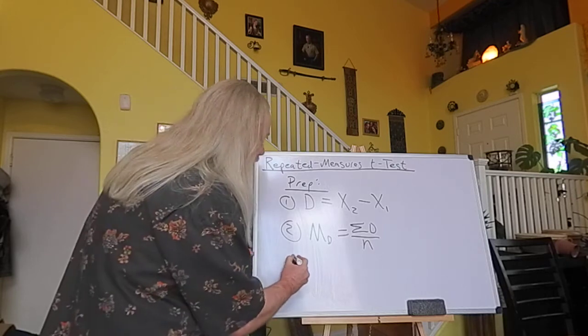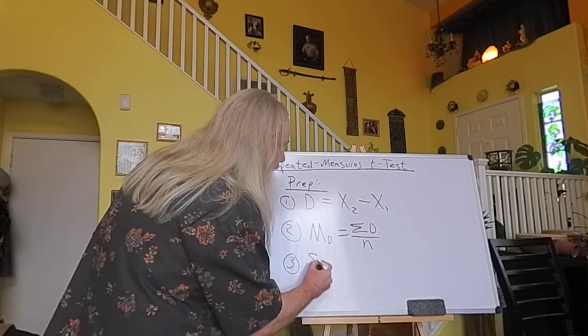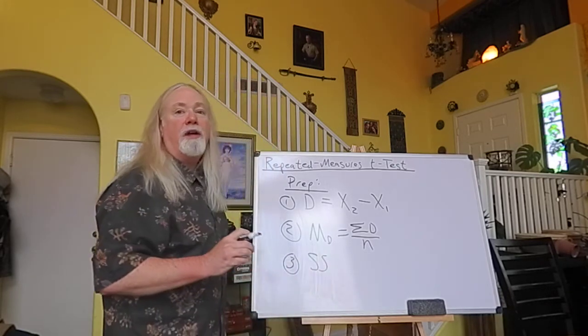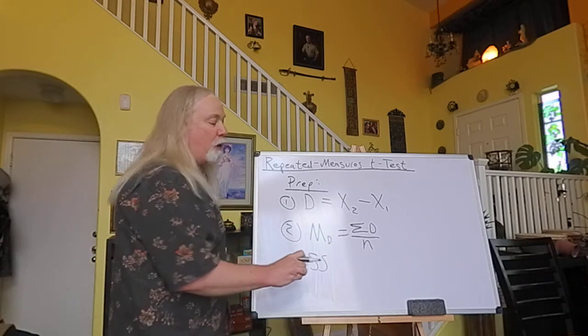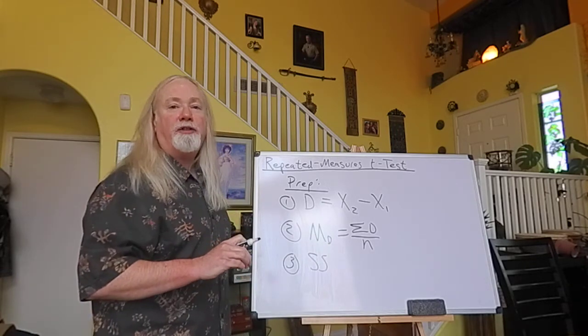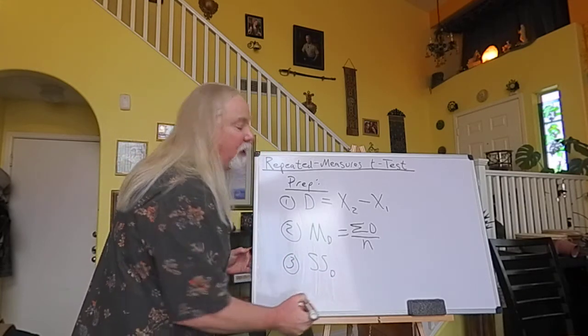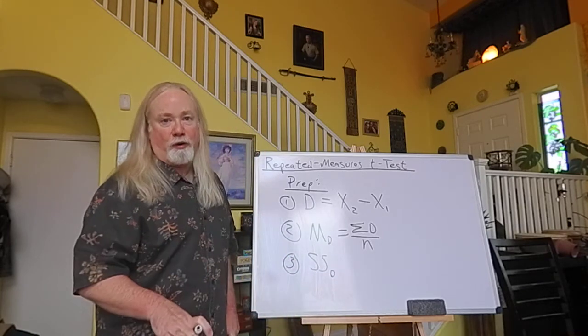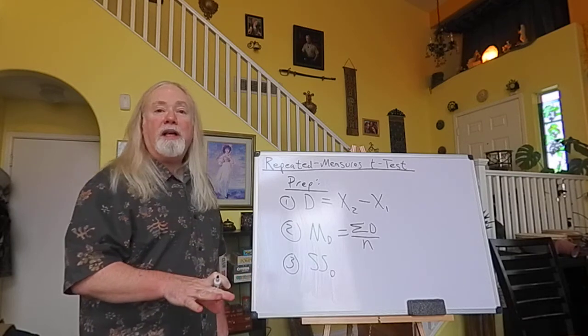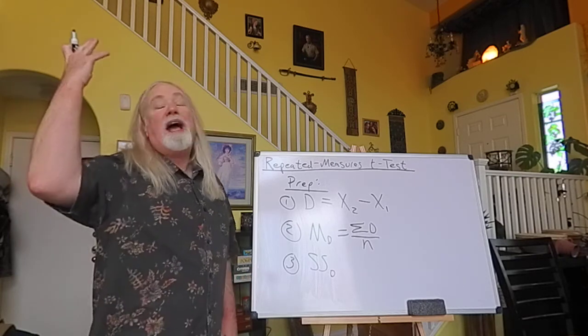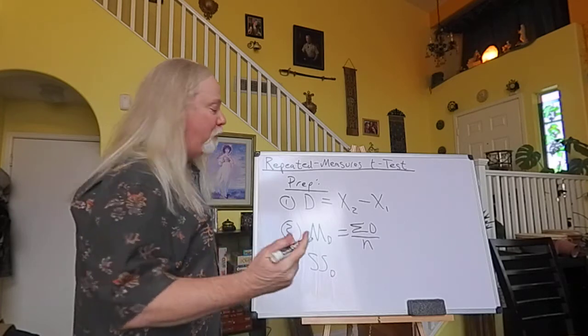And the last thing we need before we really go through is our sums of squares. But remember, this would be our sum of squared deviation scores. We're not looking at deviation scores. We're looking at the sums of squares of difference scores. It's the same formula that we have for sums of squares that we've had ever since chapter 4. It's an old formula for us now.